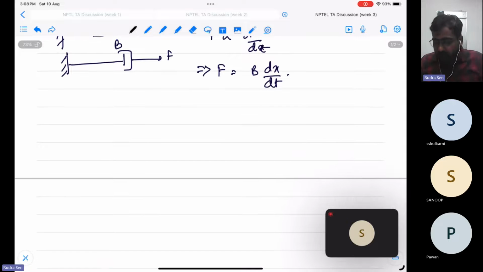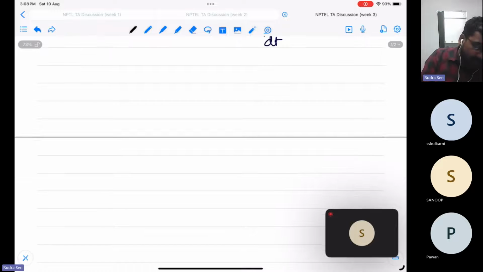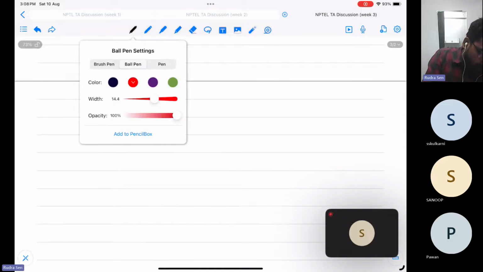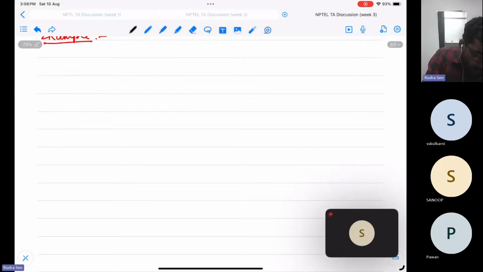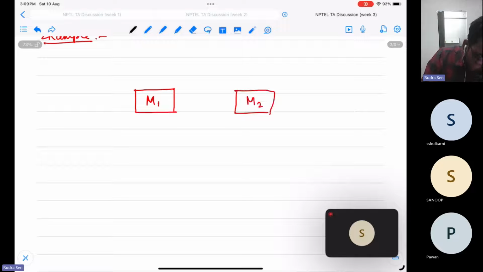Right now I'm going to take an example. Let's say I have a system like this. I'm taking a double mass spring system. Here this is M1, here this is M2. Now there is a spring in between them, there is a damper in between them.